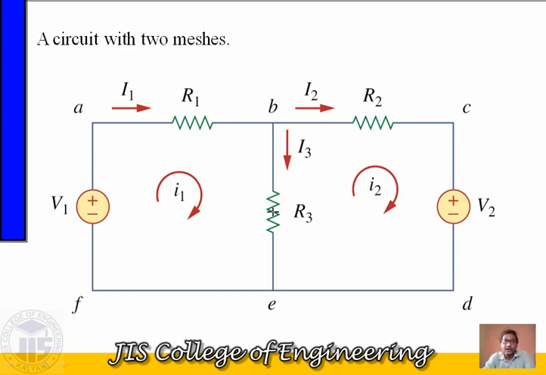Similarly, this R3 resistance shares both this I1 loop current and this I2 loop current. As R3 shares both loop currents, whenever we are considering this resistance, you have to remember in which loop you are now.